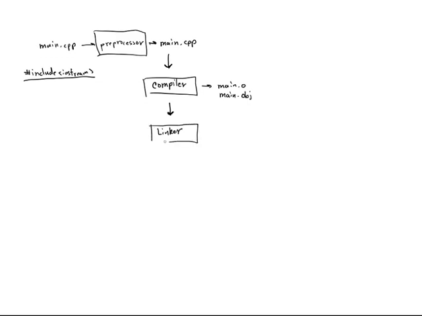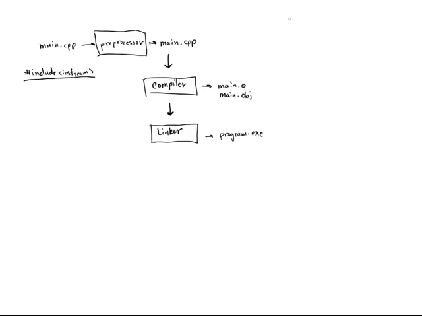And the linker is what takes all of your code that got compiled in this phase and mashes it all together and creates your lovely program. So in this case, we actually only ended up with one object file, so there wasn't a lot of mashing that it needed to do.